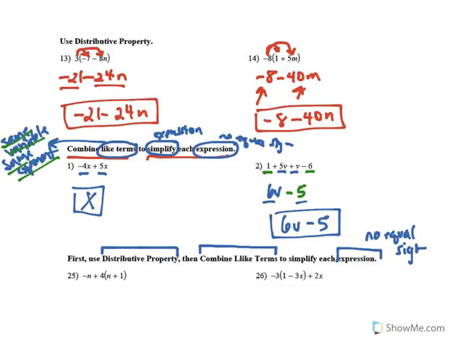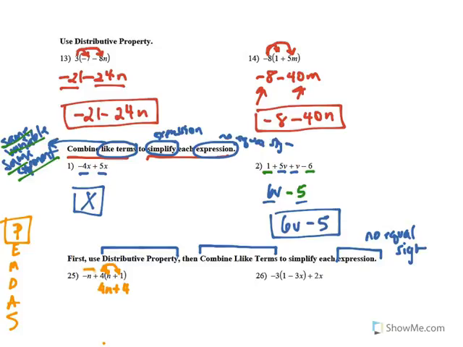Let's answer the question. Here we have negative n plus 4, open parentheses, n plus 1, close parentheses. Now remember PEMDAS? We always want to do the parentheses first. So let's do that. Here we give a 4 to each thing inside the parentheses, and we are left with 4n plus 4.